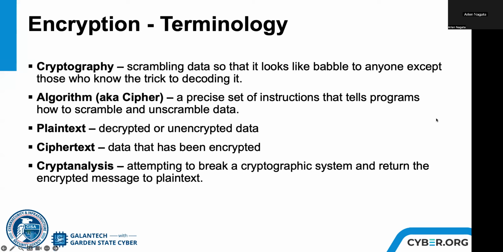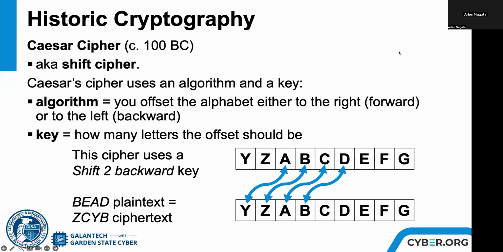So let me give you a little bit of historical context. Probably the earliest cipher that we know of is Caesar's cipher around 100 BC. And this is like a shift cipher. What Caesar did was he shifted the alphabet forward or backward a certain number of letters.